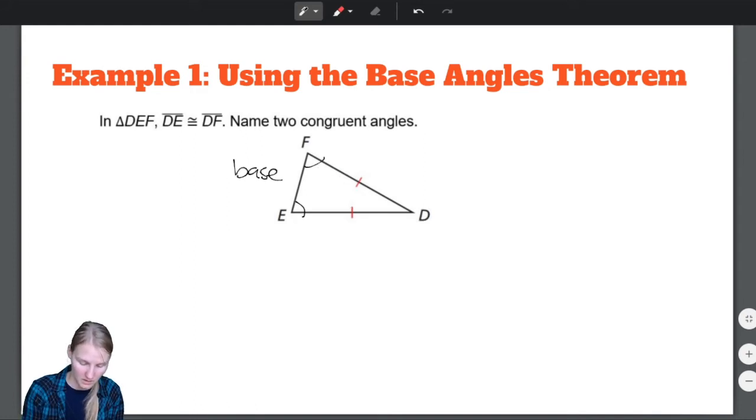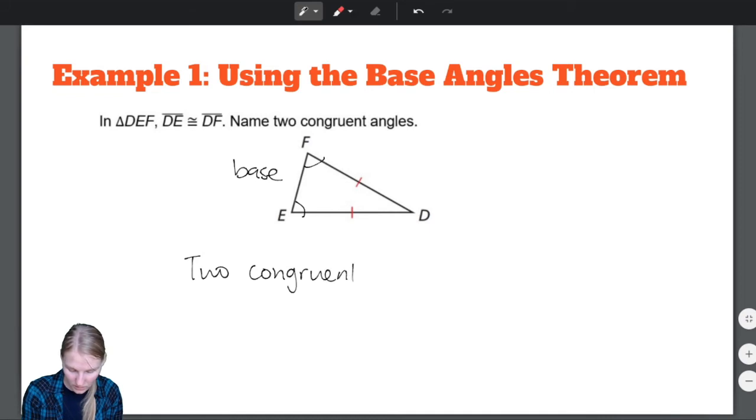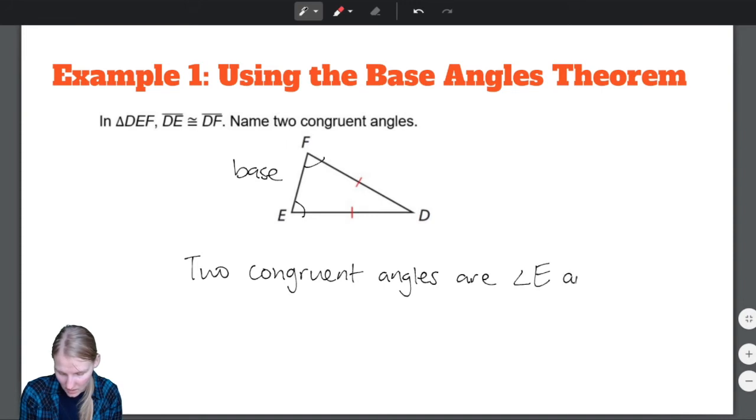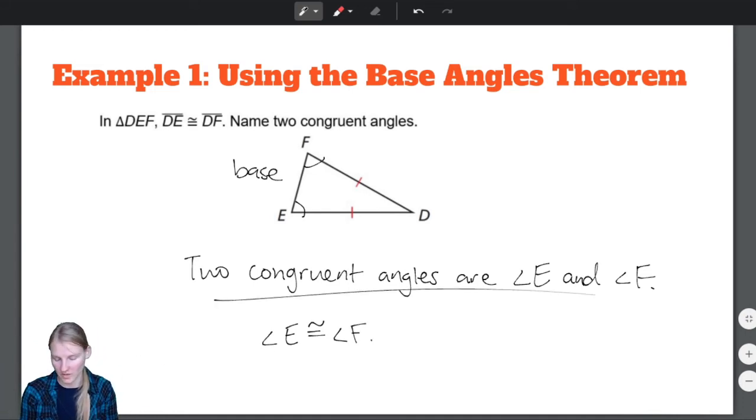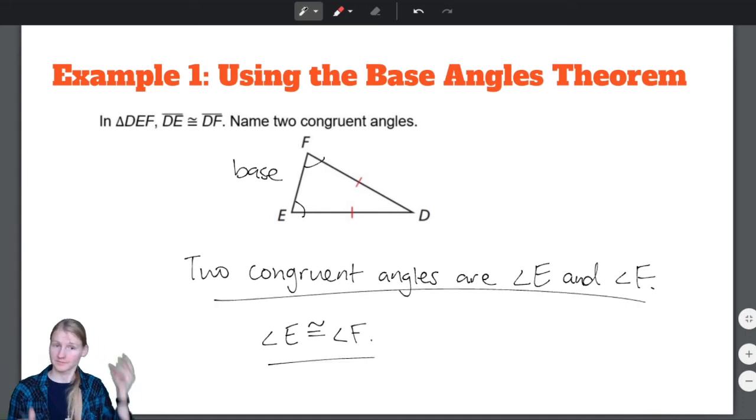So, two congruent angles are angle E and angle F. Another way you could write this is just angle E is congruent to angle F. Both of these answers would be acceptable for me.